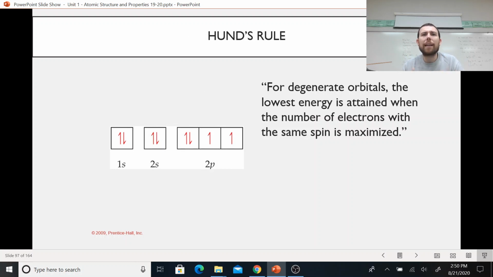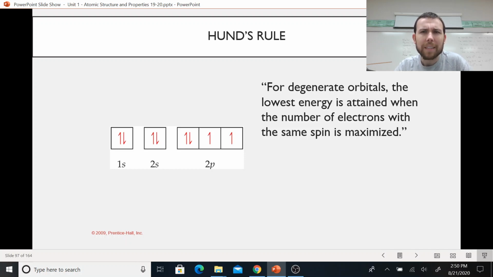Now, as we're filling in electron configurations and these orbital diagrams, we also have to keep in mind something called Hund's rule. Here's a quote of how you define Hund's rule: for degenerate orbitals, the lowest energy is attained when the number of electrons with the same spin is maximized.